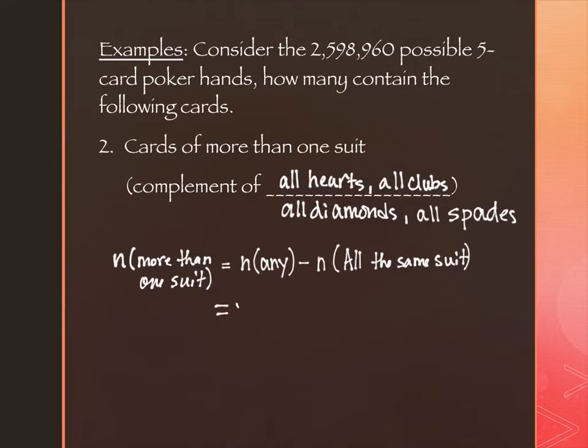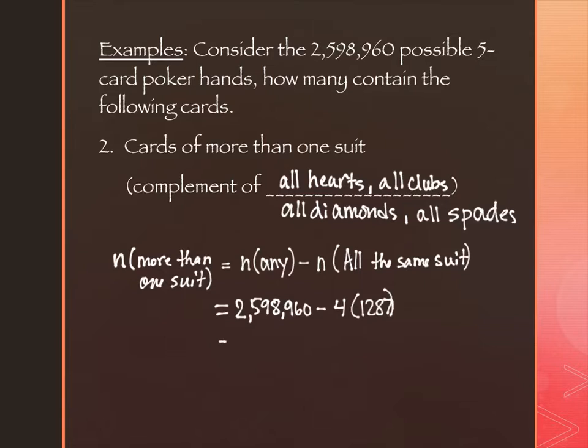So this was the 2,598,960 minus 4 times 1287. And write yourself a note. Why did we do 4 times 1287? Well, because there's 4 suits. So there's 4 1287s that could come out from doing that.